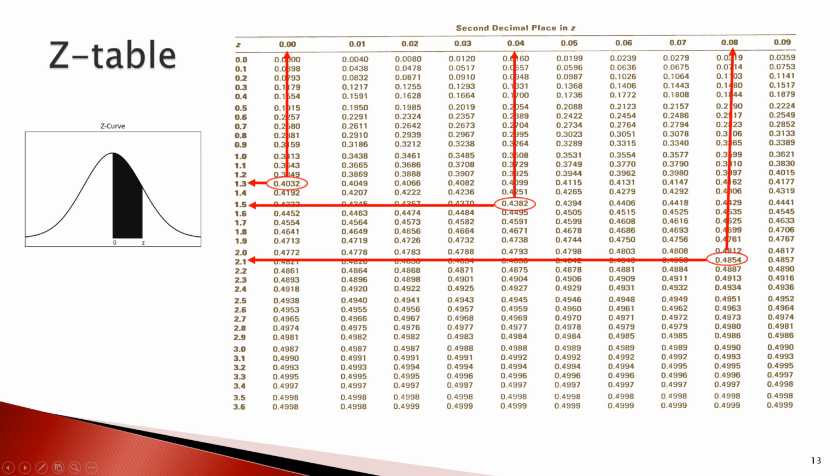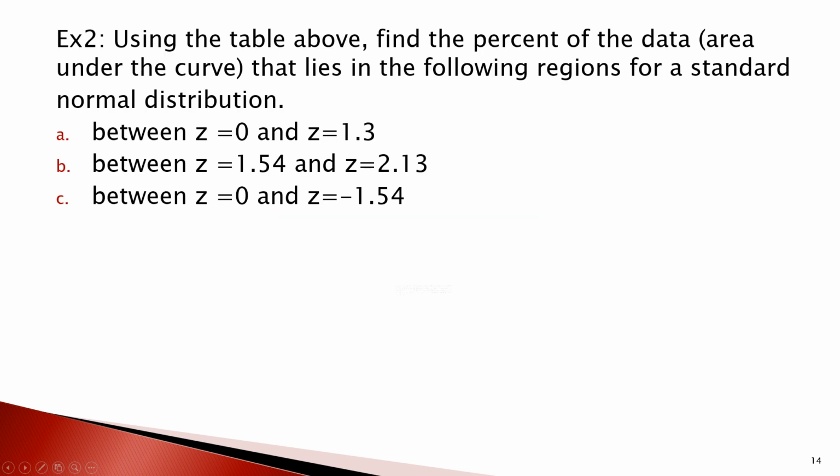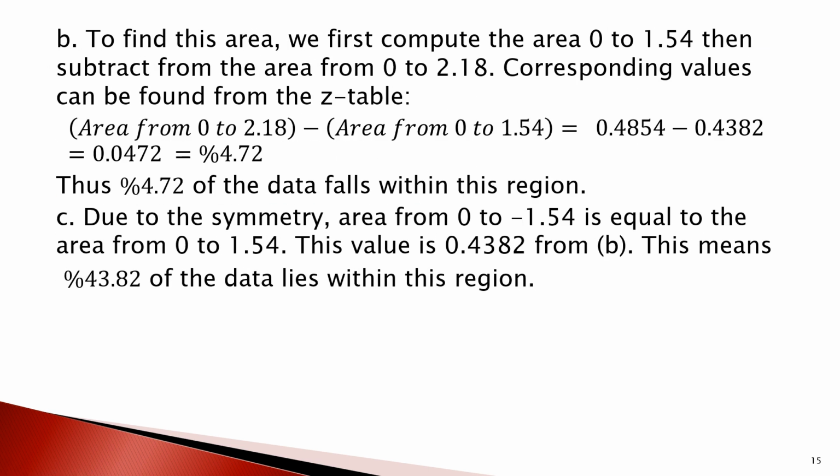The area from 0 to minus 1.54 will be equal to the area from 0 to plus 1.54. We found it here, right? The area from 0 to 1.54 should be 0.43. So that means almost 43% of the data will be in this region.